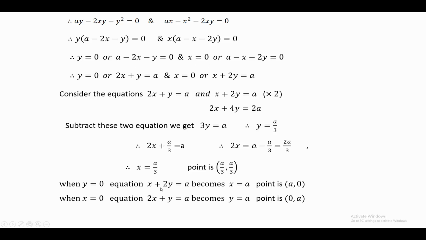When x is 0, the equation 2x plus y equal to a becomes y equal to a. Therefore the point is (0, a). Therefore the stationary points are: first (0, 0), next (a, 0), then (0, a), and last (a by 3, a by 3). We get 4 stationary points.